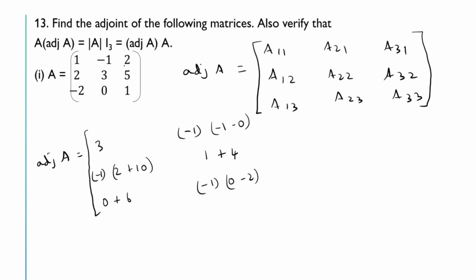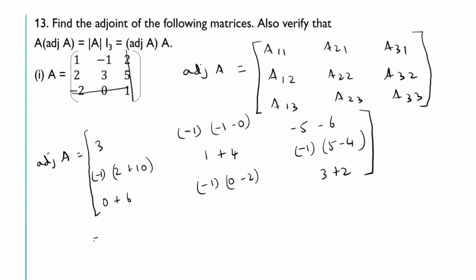Now the next one, A31, delete the third row and the first column and take the determinant. So it is minus 5 minus 6. Then A32, delete the third row and the second column, take the determinant with the negative sign. So 5 minus 4. Then A33, delete the third row and the third column and take the determinant. So it is 3 plus 2.